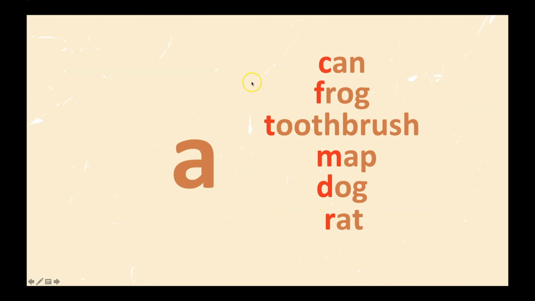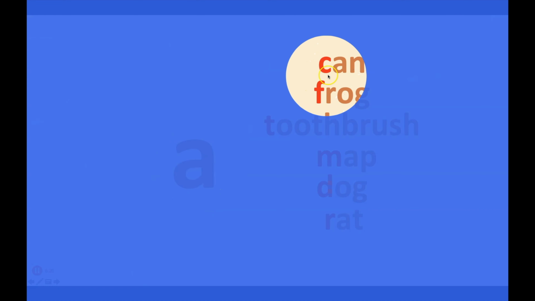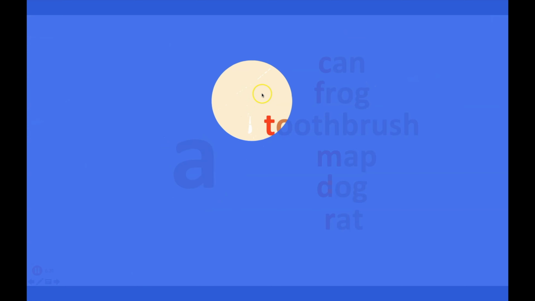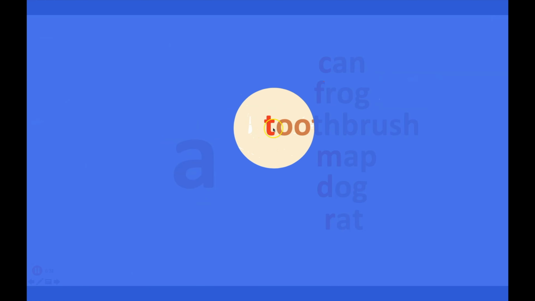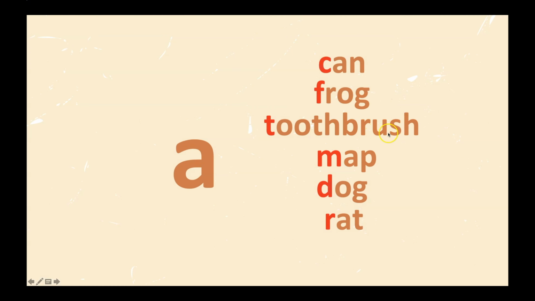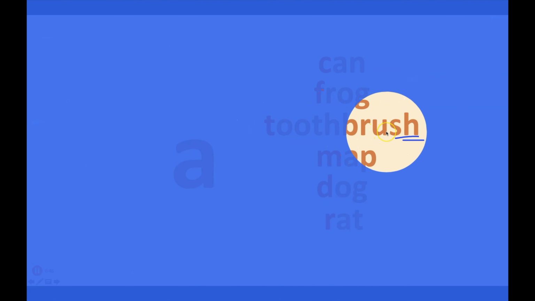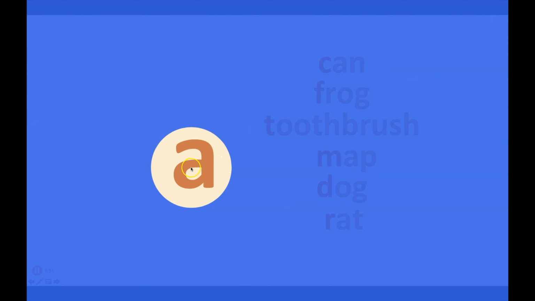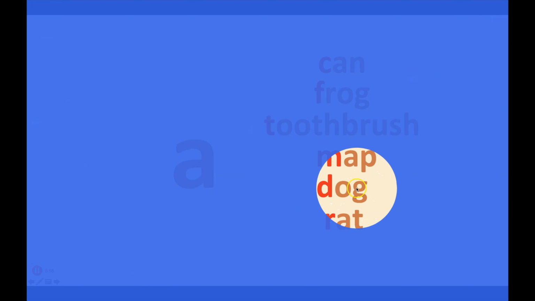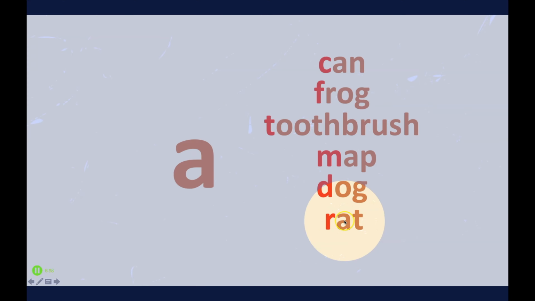Okay, so let's say those again. A can, a frog, a toothbrush, and SH makes the sh sound. So we've got th here, and sh, so toothbrush, a map, a dog, a rat. Excellent.